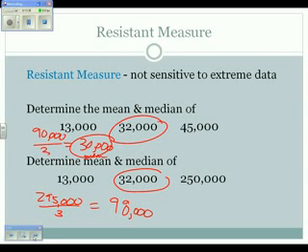But the mean was drastically affected by this one very extreme data value. So the mean is not resistant. And the median is resistant.